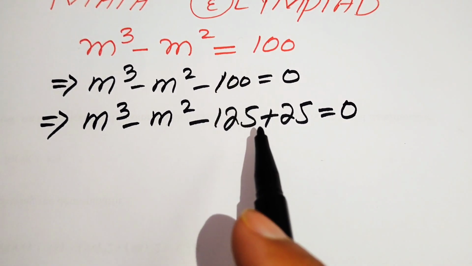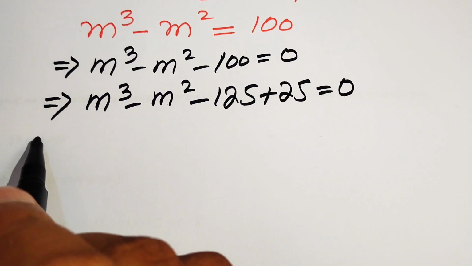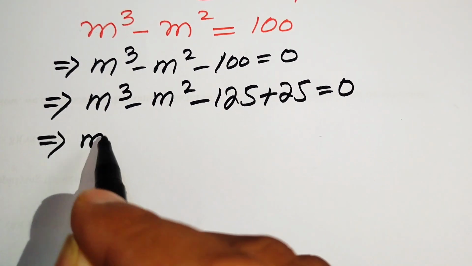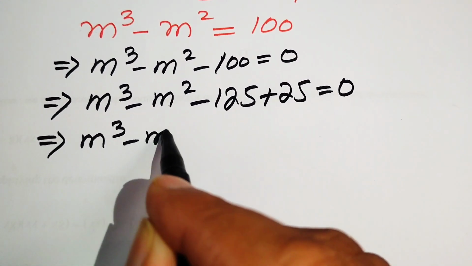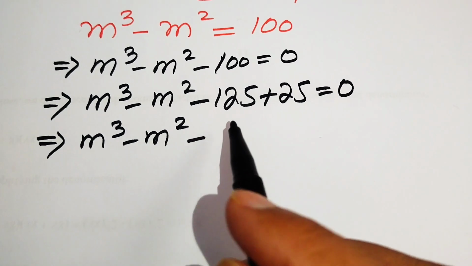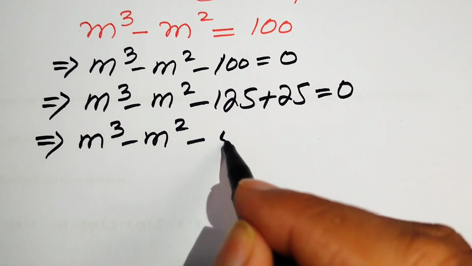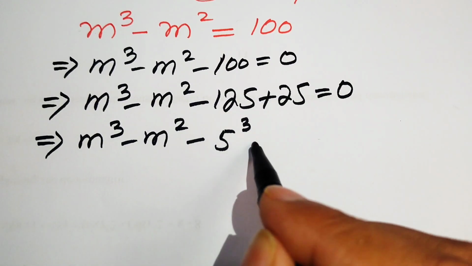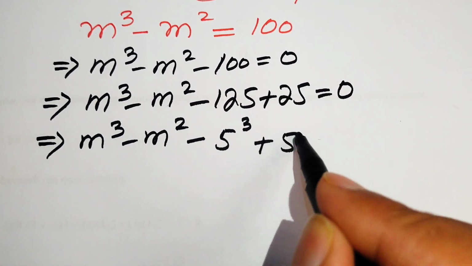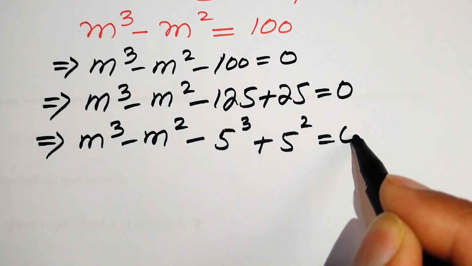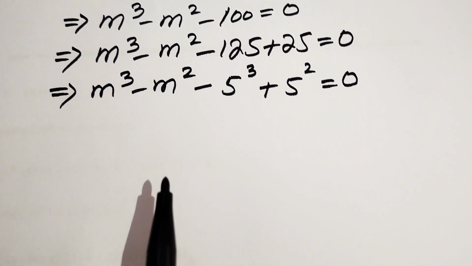So we write this term in this way, and after that we write this equation as m cubed minus m squared minus 125, which we write as 5 cubed, plus 25, which we write as 5 squared, equals 0.